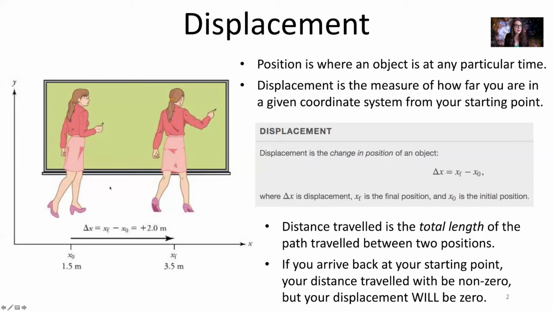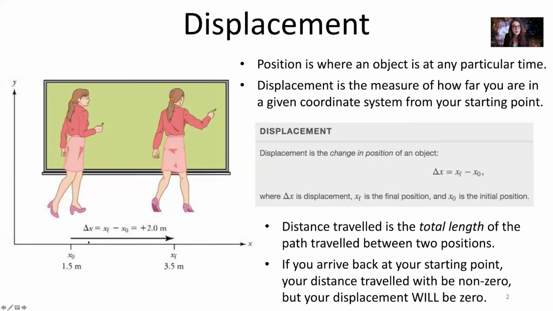Here's an example of displacement. Your lovely physics professor is walking from left to right along the chalkboard. The starting position was 1.5 meters from the 0 point on the x-axis, and then she walked a total of 2 meters to her final position of 3.5 meters from the origin of this coordinate system.